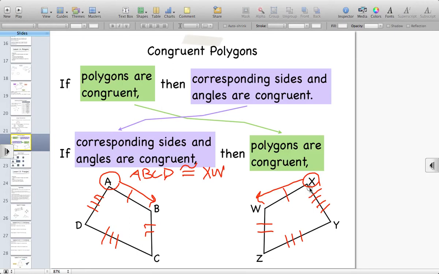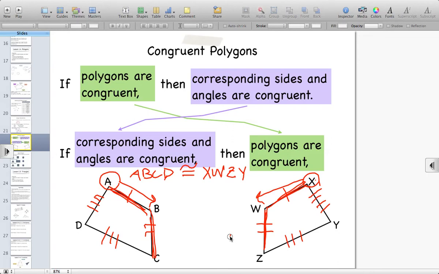So XW is the side that's congruent to AB. Then I go down the two congruent sides, down to Z, and I'm going down to C on the other side. So it's X, W, Z, Y.